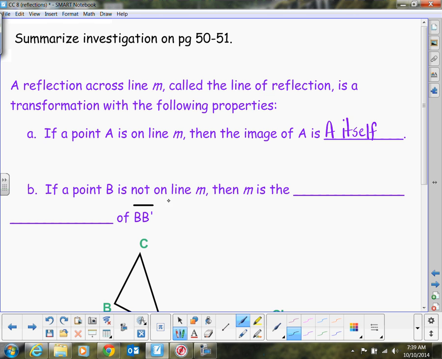If a point B is not on line M, then line M is what kind of segment? Perpendicular bisector of BB prime.